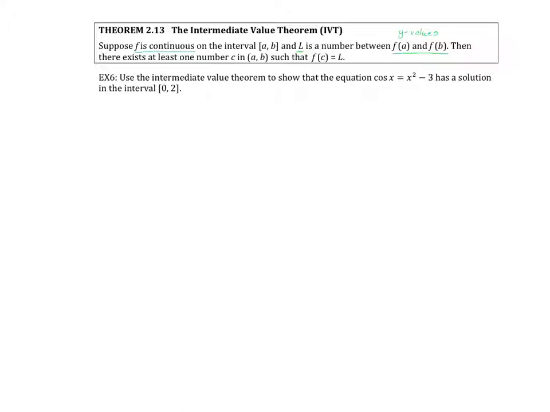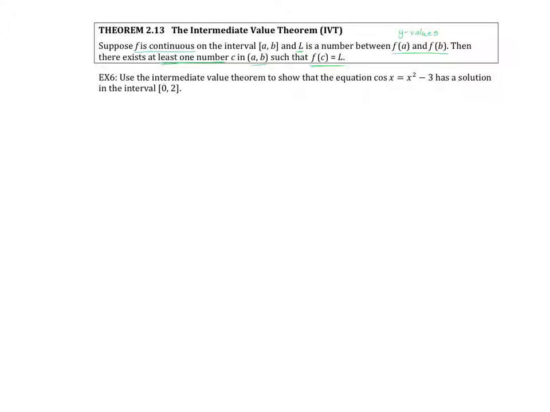We get at least one number, C, in the open interval AB, so that f of C is equal to our number L. So we're going to use this intermediate value theorem to show that this equation, cosine of x equal to x squared minus 3, has a solution in the interval 0 to 2. Now this theorem doesn't tell us what the solution is. What it does is it gives us an existence of a solution.